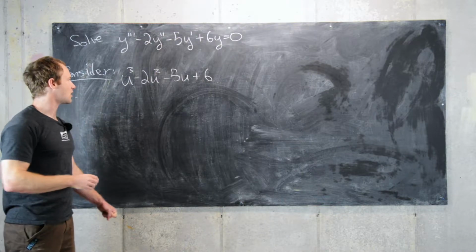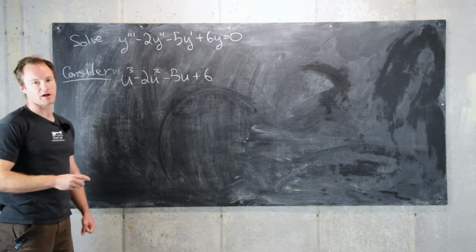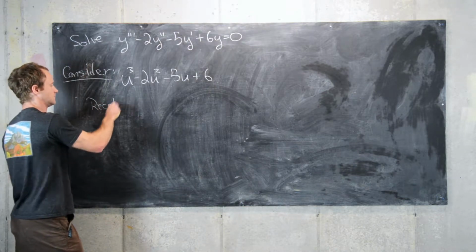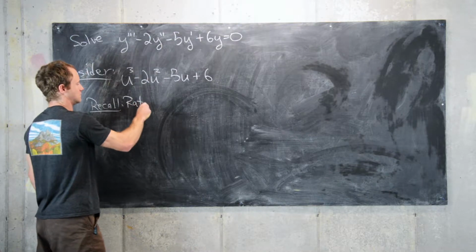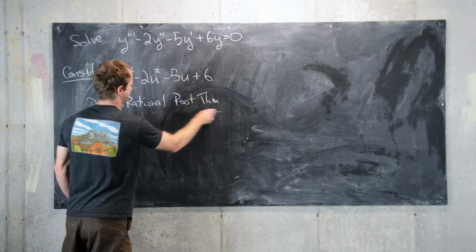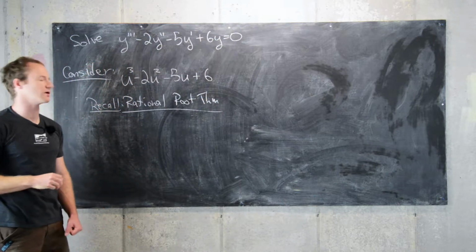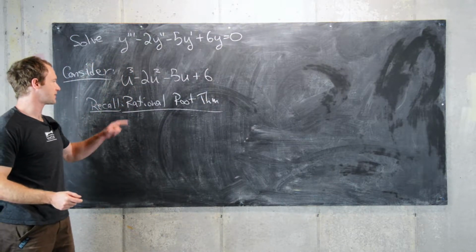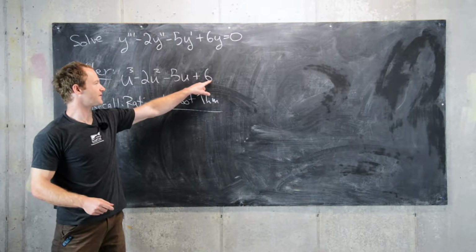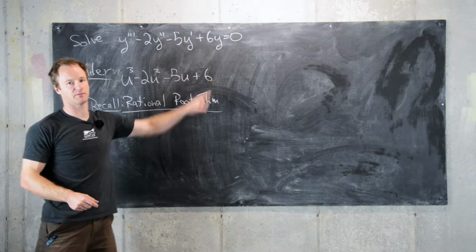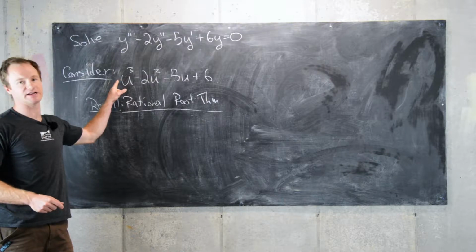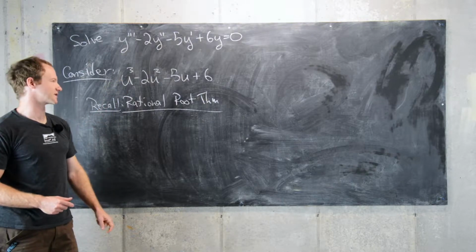In general, it's pretty hard to factor a cubic polynomial, but if we recall the rational root theorem, I won't write it on the board, but the general idea is a good place to look for rational roots of this polynomial are all of the factors of the constant term divided by all of the factors of the highest order term, and then include a plus or a minus.